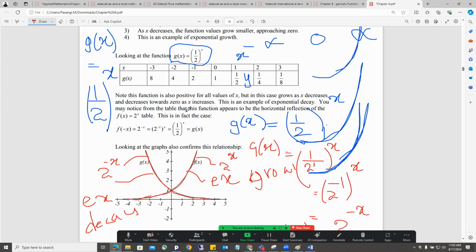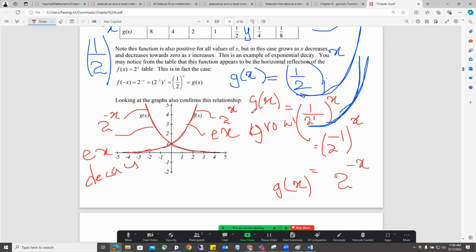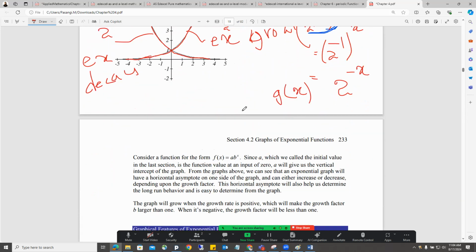You may notice from the table that this function appears to be the horizontal reflection of the f(x) equals 2 to the power of x table. This is in fact the case, f of minus x. So that's what I already explained.